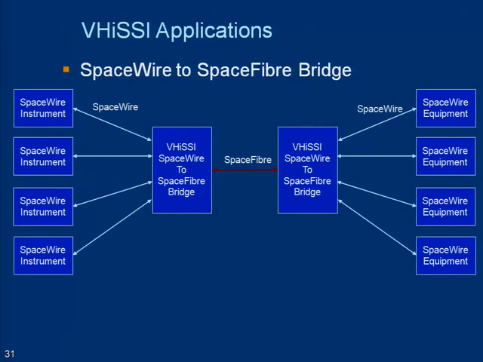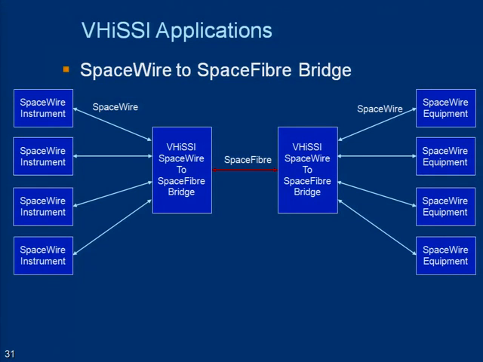Okay, so what about the applications of this chip? The first application is basically using this as a bridge. So you may have a number of SpaceWire instruments that you want to connect to some other SpaceWire equipment, but there's a long distance between them, so you can just put them through one of these bridges, run it over SpaceFibre, and you've got a very lightweight cable. SpaceFibre cable is around about half the mass of SpaceWire cable.